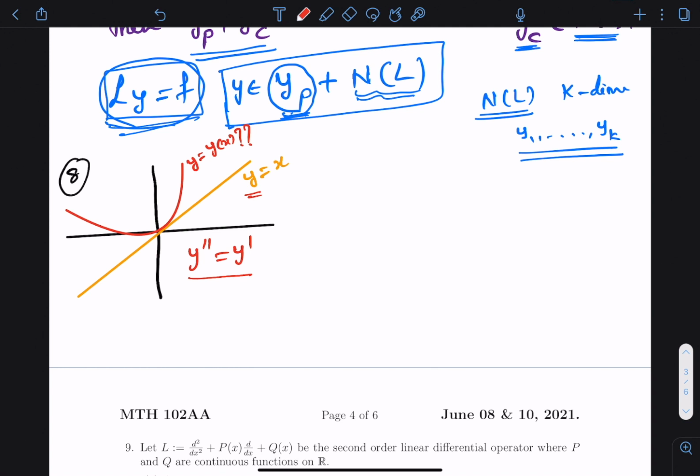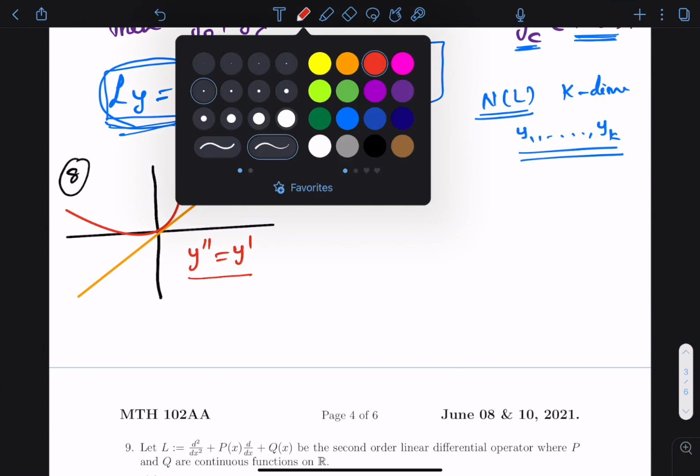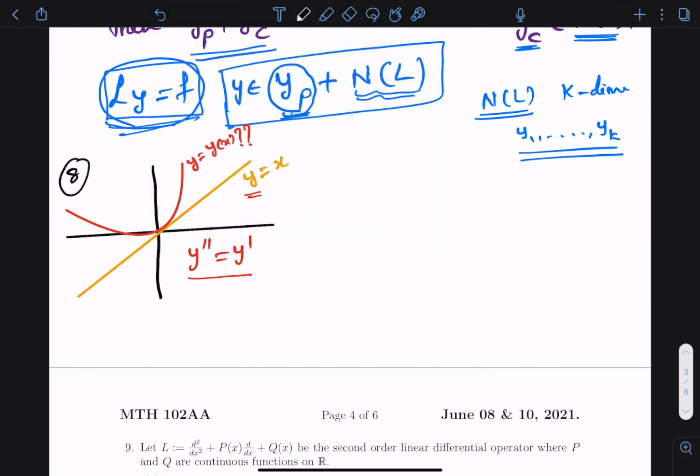Okay, so now one can solve this using the differential equation technique. The unknown y satisfies this differential equation y double prime minus y prime equal to 0. Now it has other information that at the origin it is tangent to y equal to x.